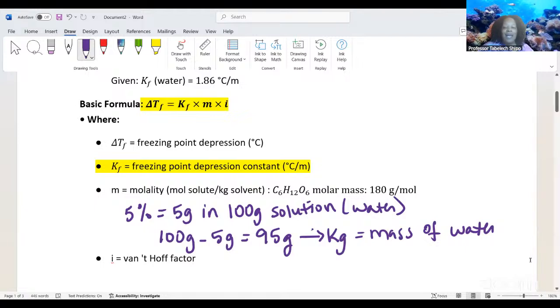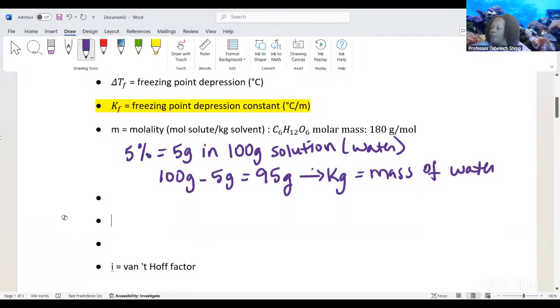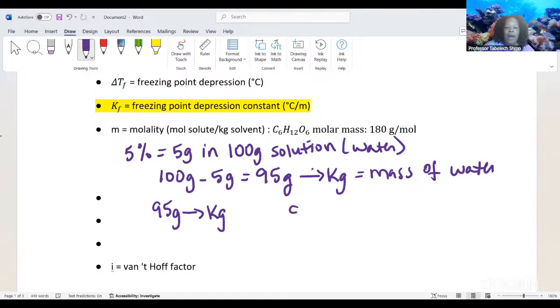Because we have to convert the 95 grams to kilograms, I'm going to convert that number by simply dividing by 1,000, or just moving the decimal 3 places to the left. Let me scoot that down so you all can see. I take the 95 grams and convert that to kilograms by moving my decimal.